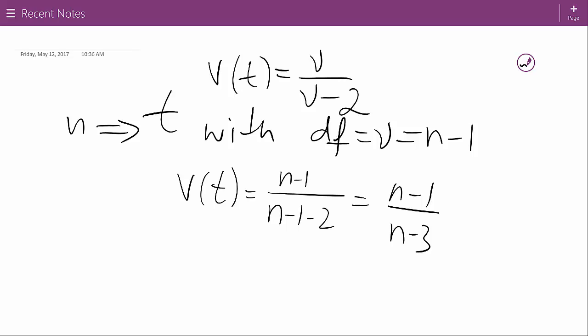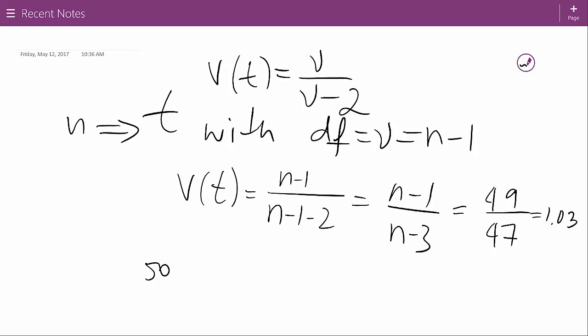Well, let's say I'm taking sample of the size 50. Okay? Then my variance is equal to 49 divided by 47. Correct? So it's going to be 1.00 something, right?